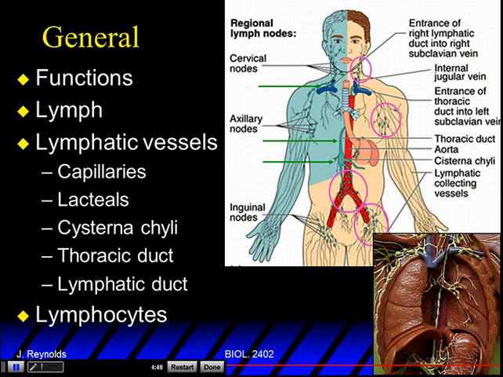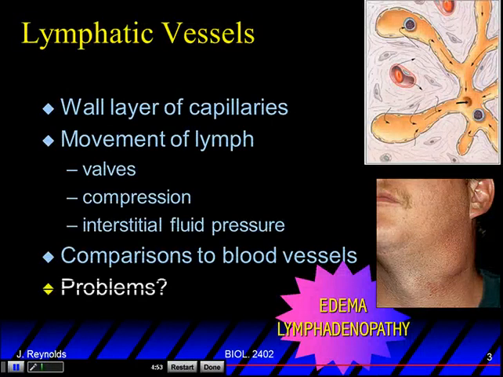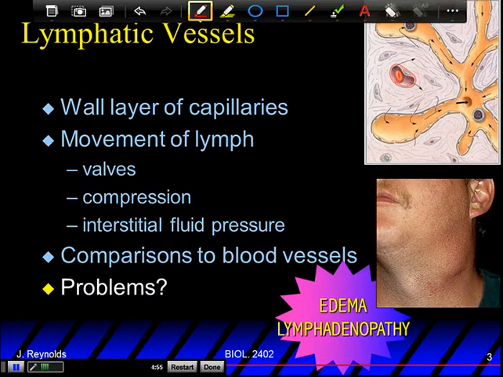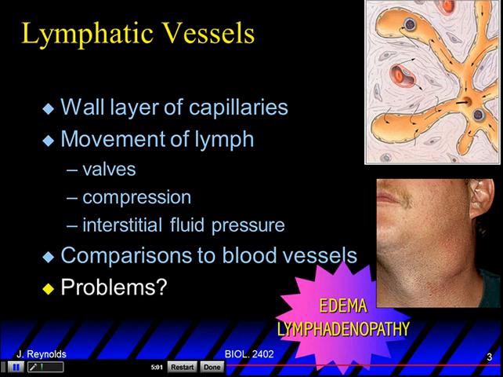Let me go to the next shot I think I might have. Here we go. Okay, so here's a shot of those little blind-ended capillaries. Right here, here's a capillary, a blood capillary. Here are cells, interstitial cells, cells of the body. And here are some lymphatic capillaries.